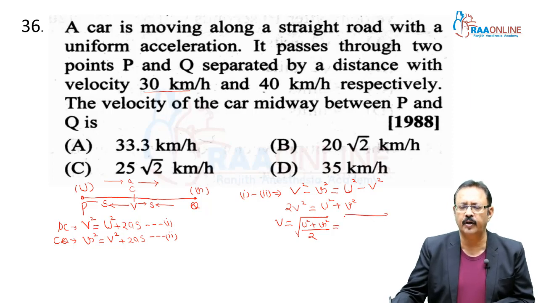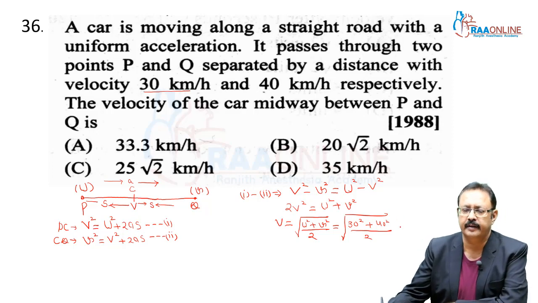Now by putting the values of U and v, it was 30 square, it was 40 square, means 900 plus 1600, it is 2500.